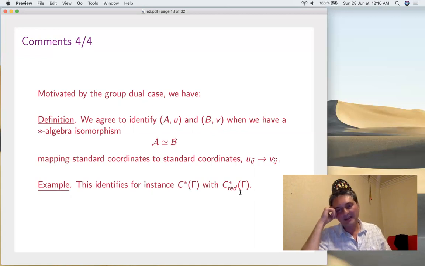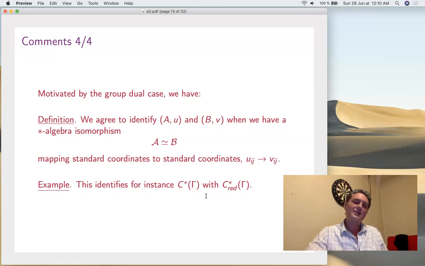If gamma is so-called non-amenable, like a free group, these might not be equal, and that's a problem with Gelfand duality. So you have two sister algebras giving somehow the same noncommutative space, gamma hat. So that's a bug with Gelfand. It's a bug, we should say things out there. So it's time to fix this bug in our setting.